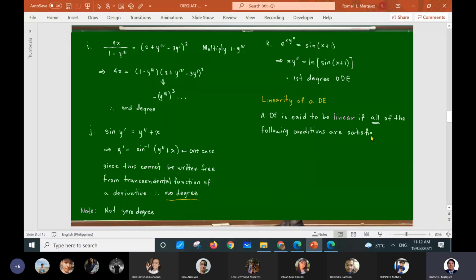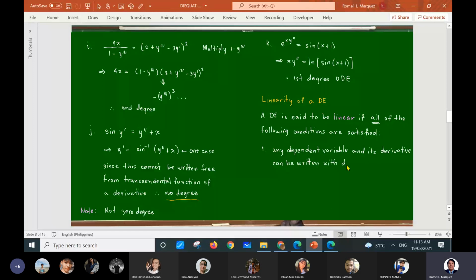Number 1. The first condition, guys: any dependent variable and its corresponding derivative can be written with degree 1.